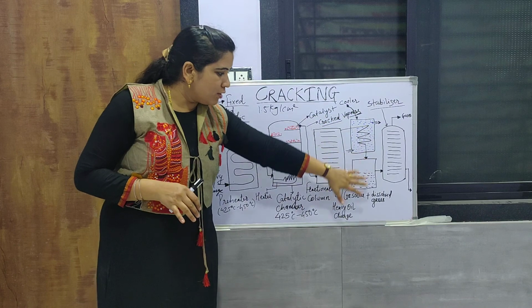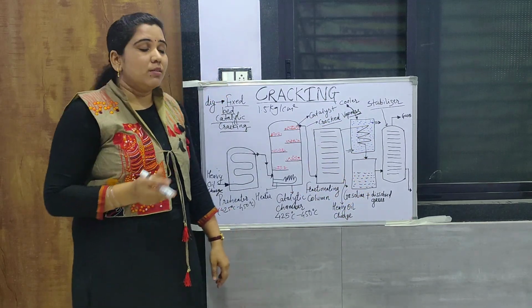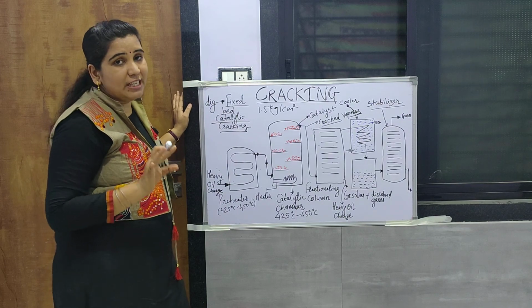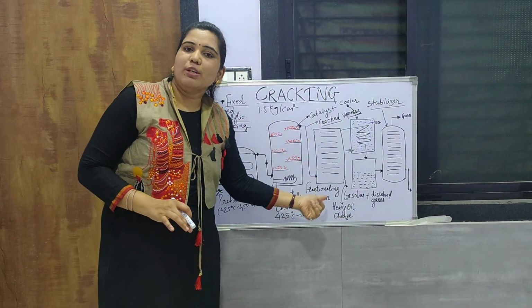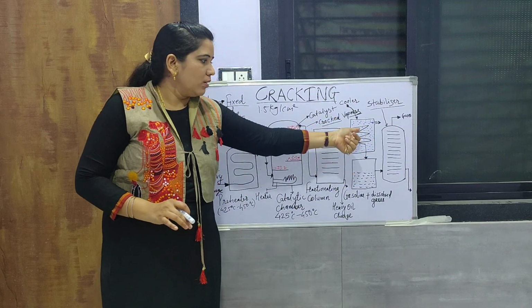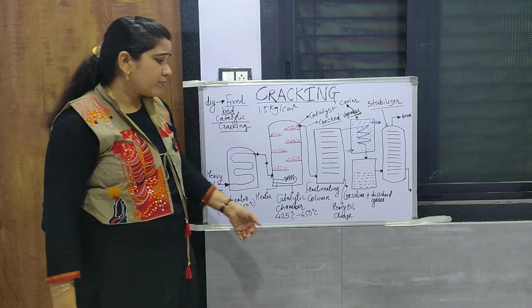Then it is stored in a storage, where with the gasoline there is a presence of different dissolved gases. One by one it moves from the fractionating column towards the cooler and then towards the storage.